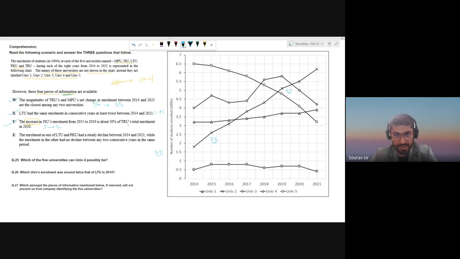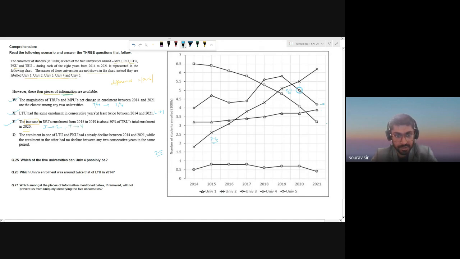And now this is about 50% of T's total enrollment. So 2.5 is 50% of 5. Which graph cuts 2019? No, 2020. So which graph has an enrollment of 5 units in 2020? This graph? Which one is this graph? The rhombus one, university 4. So that means T is 4.